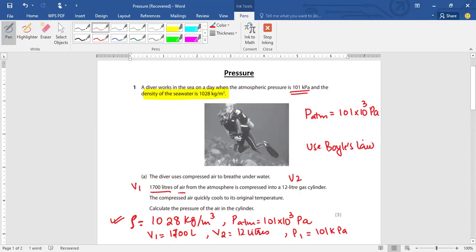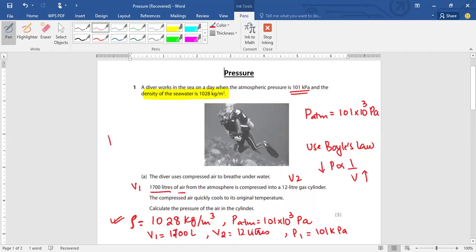Boyle's law says that pressure is inversely proportional to the volume. If you increase the volume, the pressure of the gas is going to decrease.